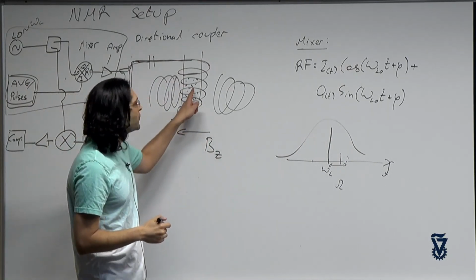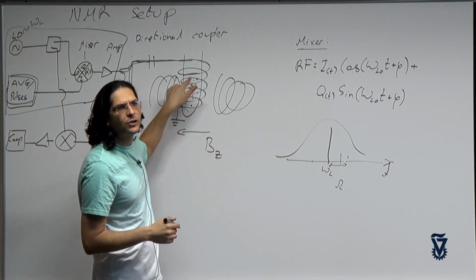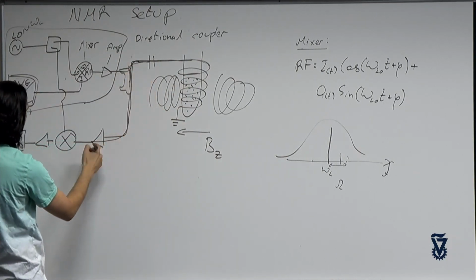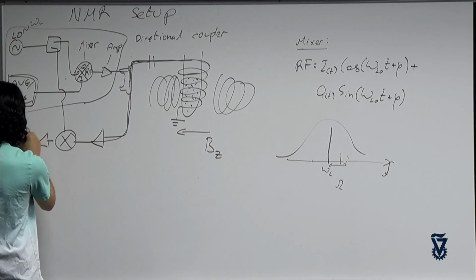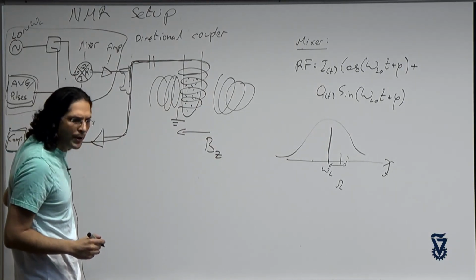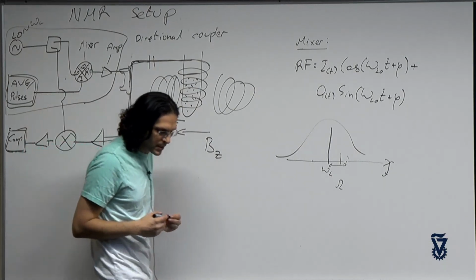Its frequency is going to be modulated by the magnetic field that the magnetic moments are creating here. And then the signal is going to come back out here, get amplified, down converted, and go into a computer for digitizing the output. Okay, I'm going to go into details on this in the next lesson.